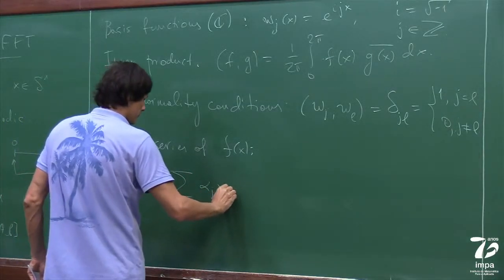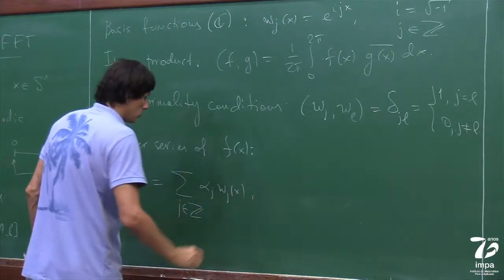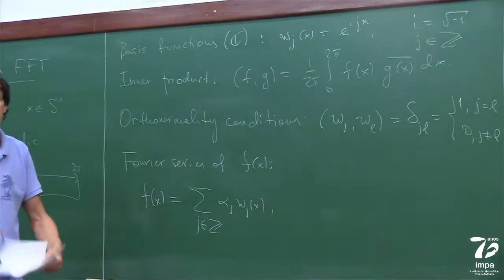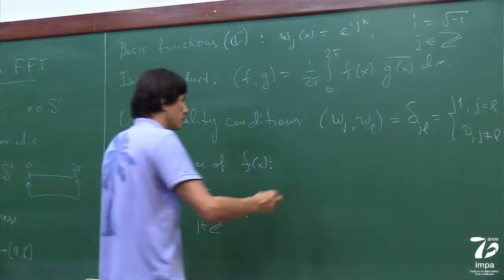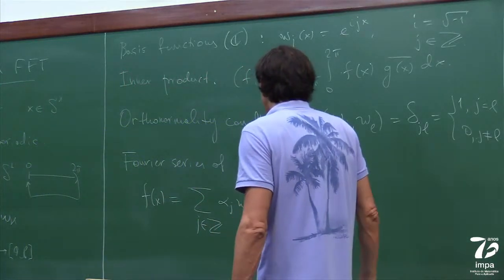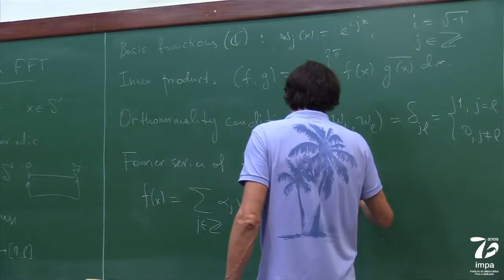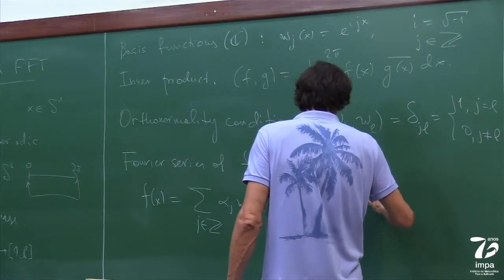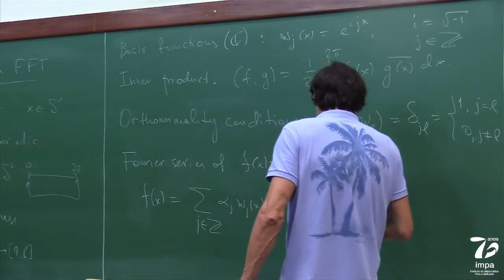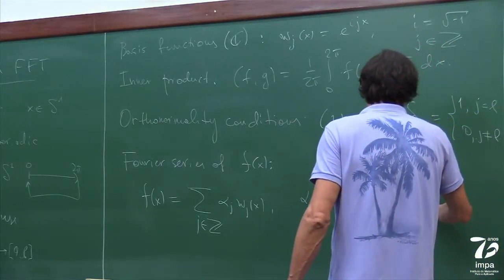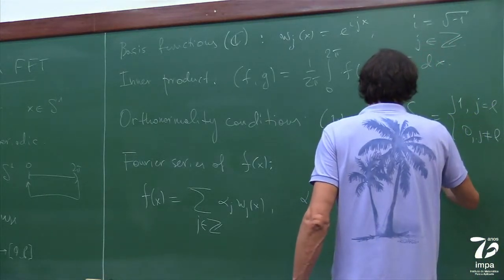And on a formal level, we know that the coefficient is just a projection, since it's an orthonormal set of functions, a projection on the corresponding direction. So it's 1 over 2 pi times the integral.